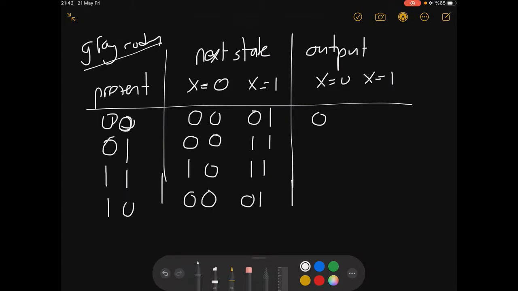So they should be 0, 0, 0, 0, 0, 0, 0, 1. All right. So it looks like this. And now you have your A, B, C, D coded like this. That's the difference.